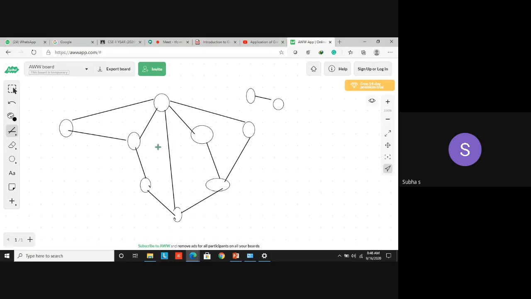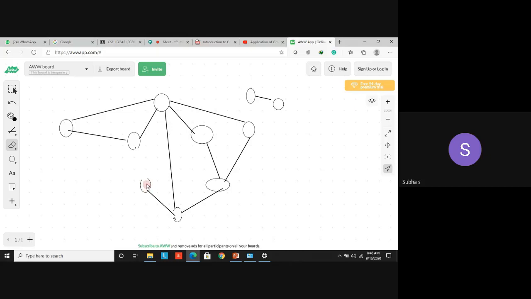Also, one more thing. It's not necessary that all nodes should be connected to all other nodes. That is called a fully connected graph. There may not be some edges. Suppose, assume that here, now also we can call this a graph, because at some part this is closed. I have connected all the edges.